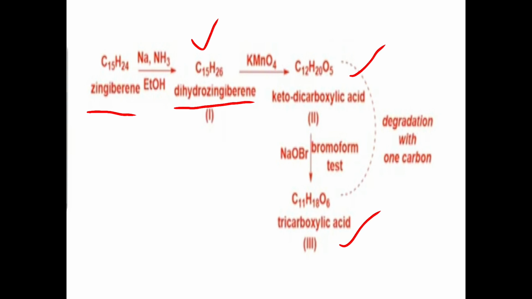The formation of tricarboxylic acid indicates that the keto dicarboxylic acid is a methyl ketone. So, keto dicarboxylic acid undergoes bromoform reaction. This indicates the presence of methyl ketone in keto dicarboxylic acid.